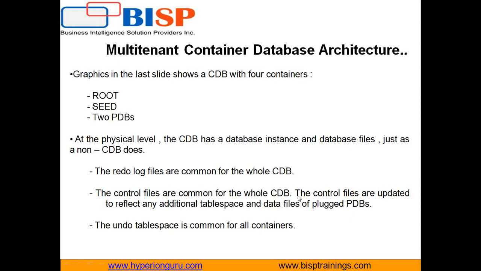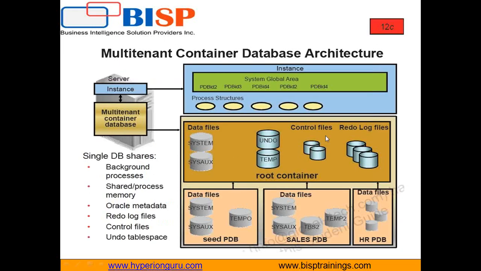The control files are common for the whole CDB. The control files are updated to reflect any addition of tablespaces and data files of the pluggable PDBs. So at the PDB level, if you are adding or removing any tablespace, these changes are automatically updated in the common control file. The control file stores information at the CDB level and also the PDB level.